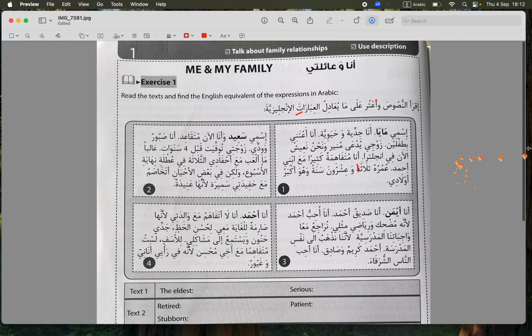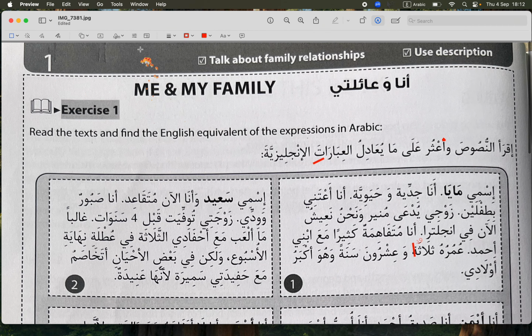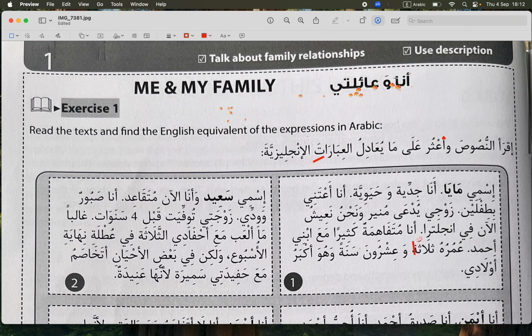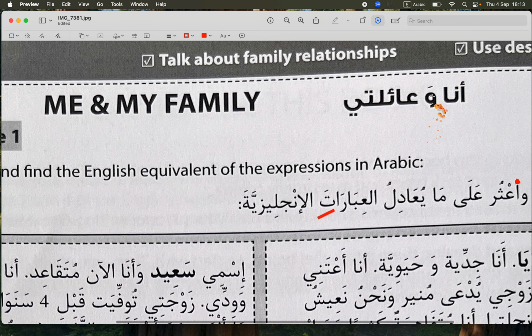Starting off with the first unit that we'll be covering, which is ana wa a'ilati. So ana, me, and wa, and, and a'ilati, my family.